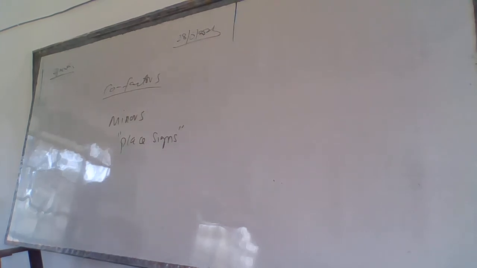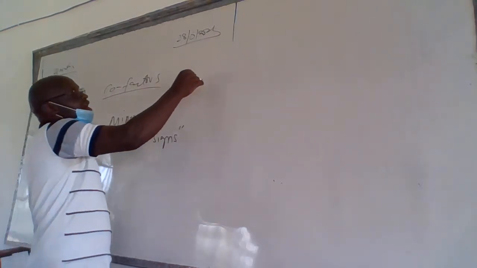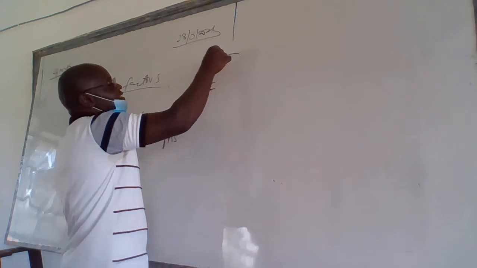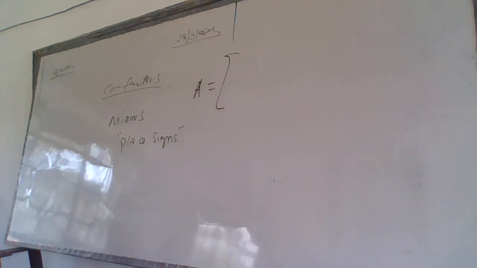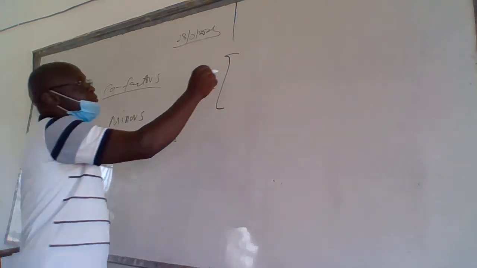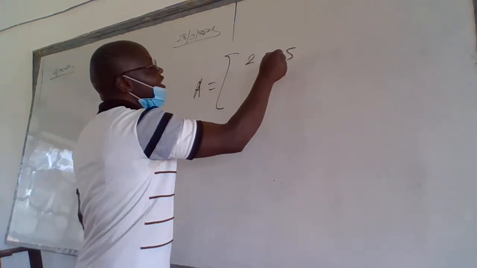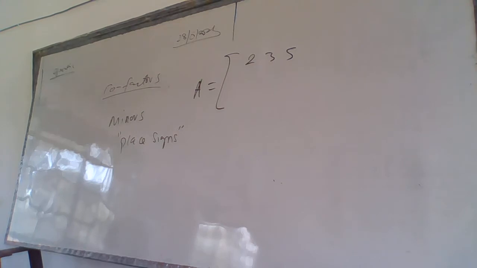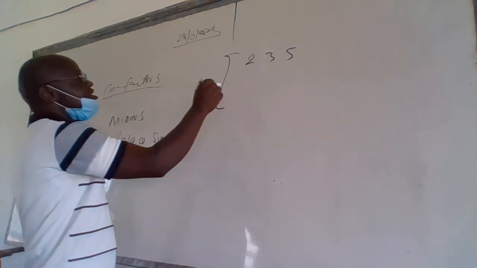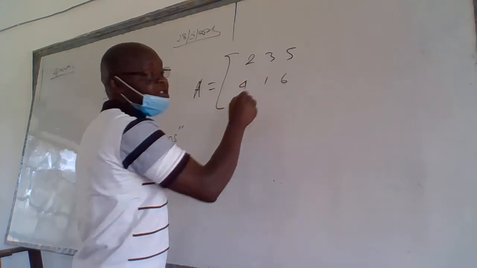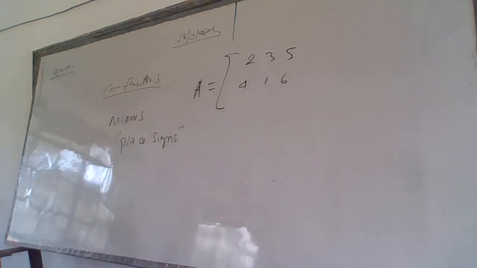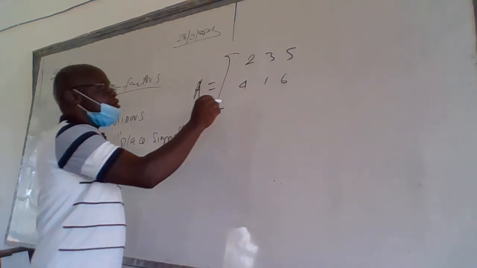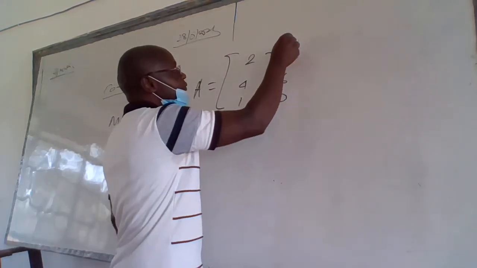For example, if we have matrix A equals 2, 3, 5, those are the elements, 4, 1, 6, and 1, 4, 0.